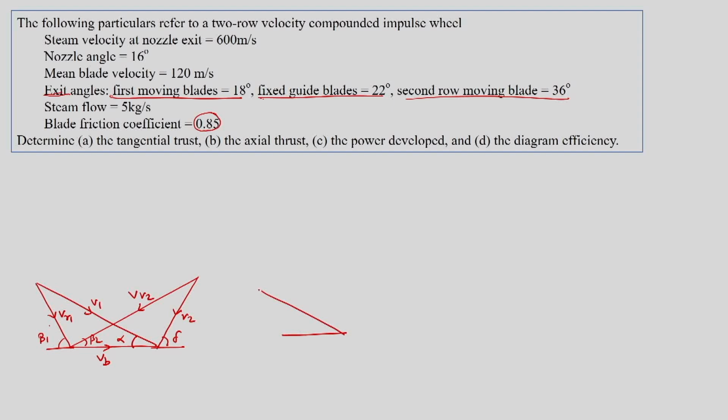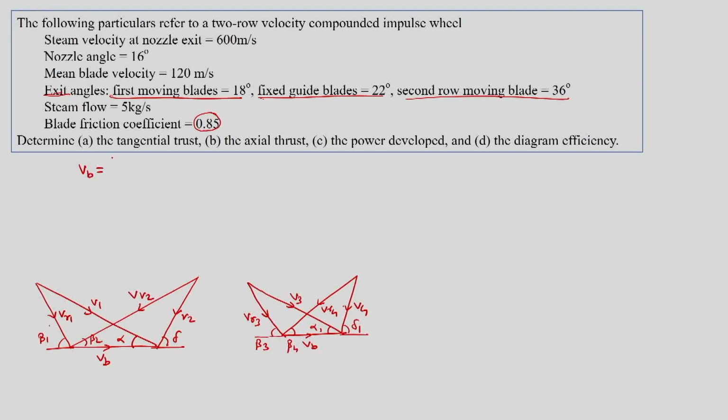So VB will be the same, so this is VB and this is V3, this is VR3, so this is alpha 1, now this is beta 3, this is beta 4, this is the angle at the outlet, we will say it as delta 1. This is VR4 and this is V4. Knowing this we can work out the example.